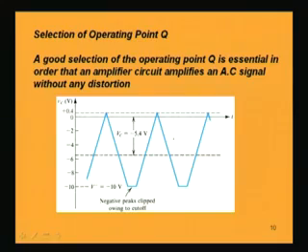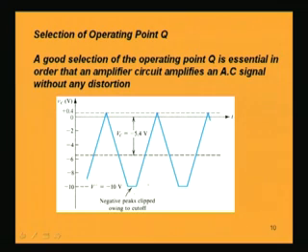Again, I just want to show the output signal having the negative peak clipped off, just as we discussed just now. When you have the operating point very close to the saturation region, the signal will not be distortionless, it will have a clipped off region.